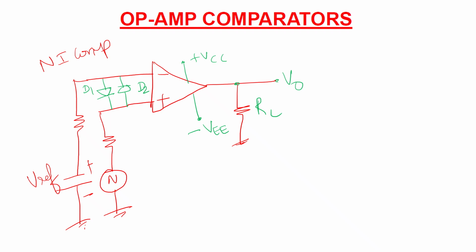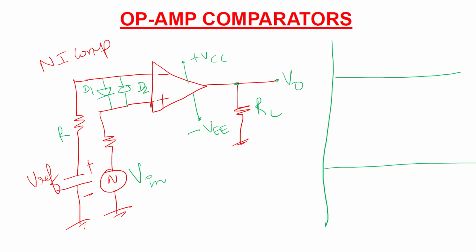Here the input voltage is fed to the positive terminal. At the same time, the VDC, that is the reference voltage, a DC voltage, is fed into the inverting terminal. Let's see how the output will be.